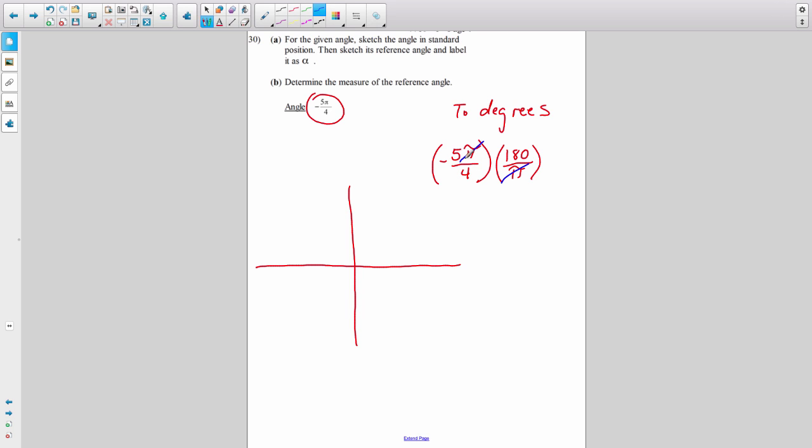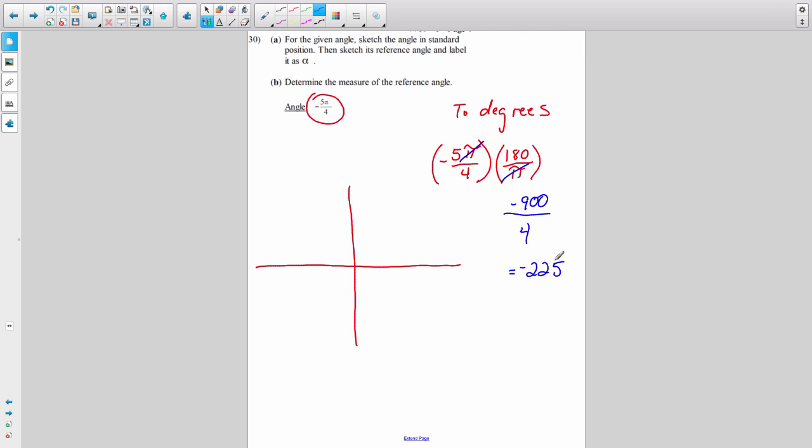I'm left with negative 5 times 180, which in my handy dandy calculator is going to tell me 900 divided by 4, which is negative 225. Okay, that I can handle.